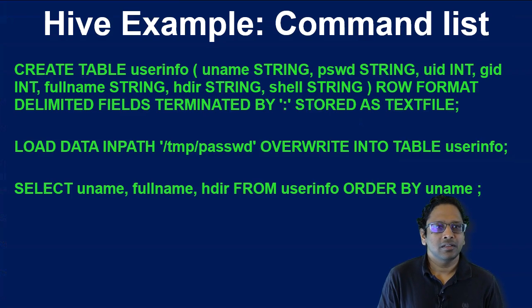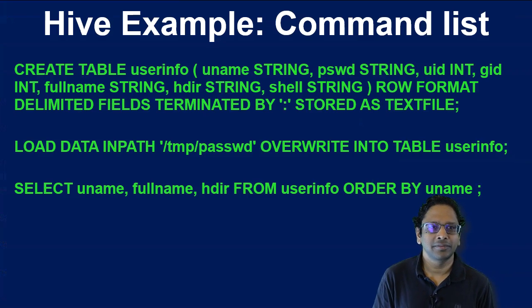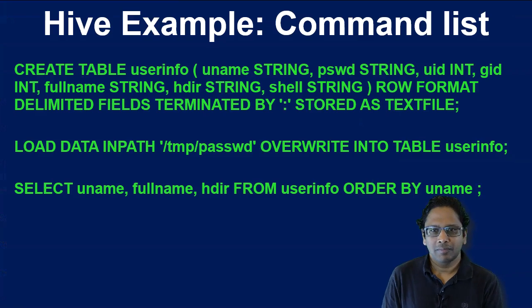So the commands are essentially create a table with all the input from the password file. So you look at the password file, see what the entries are, and then you can just create the appropriate string entries in this table. So you have a username, password, UID, a GID, a full name, a home directory, and a shell.